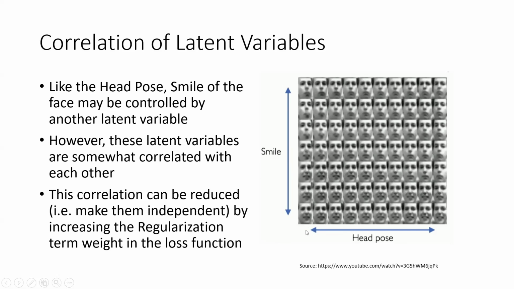When you increase the head pose, you can change the angle of the head. And when you change the variable relevant to smile, you can see the increase of the smile in this direction, and head pose in this direction. So you can get a matrix out of these two, right?